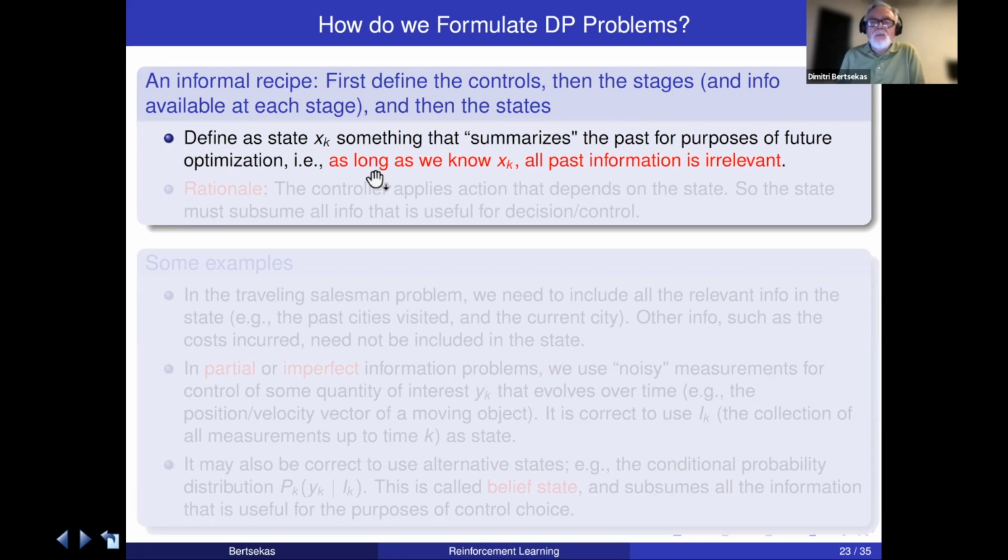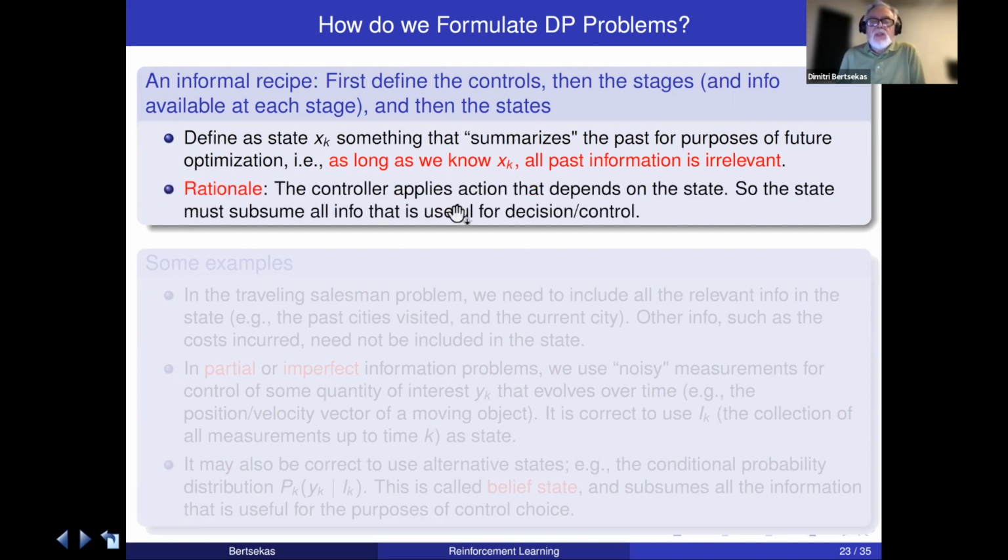Or otherwise put, the quantities that you want to consider state are those that, when you know them, all past information is irrelevant. That's the necessary information for the future decisions. And the rationale for this is that control applies an action that depends on the state. So the state must subsume all the information that's useful for decision control. That's fairly evident.